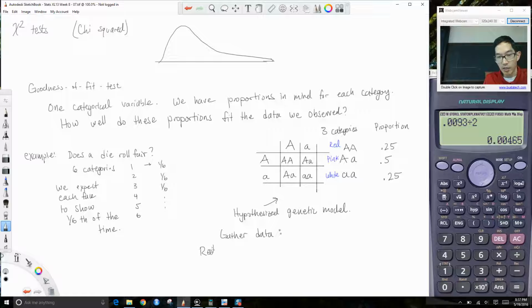Let's say we have 52 red flowers, 90 pink flowers, and 60 white flowers. This is what we observed, a random sample.